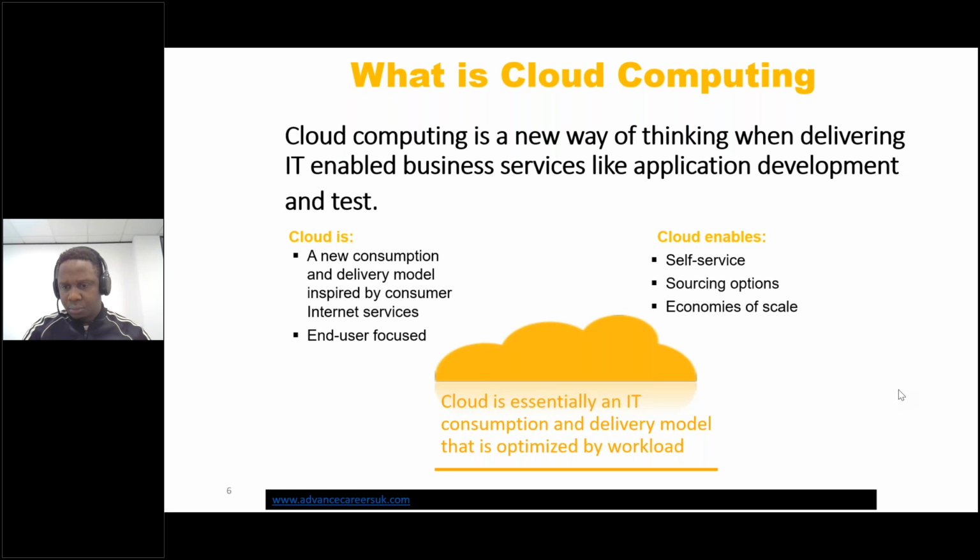So that could be buying in more servers, maybe expanding out your services or application. So there's a big cost and time element there. With cloud computing, you can program everything to do that automatically. So as your traffic increases, your system will just increase automatically.